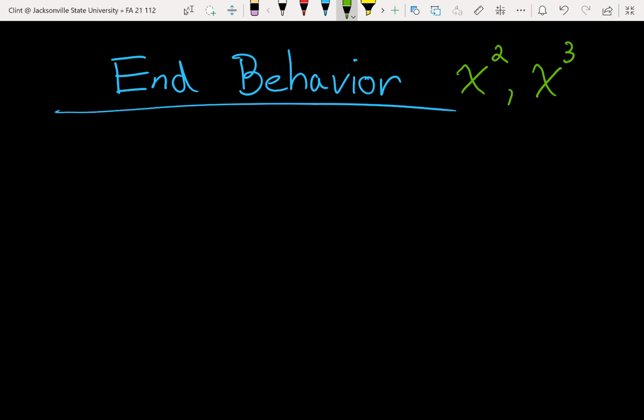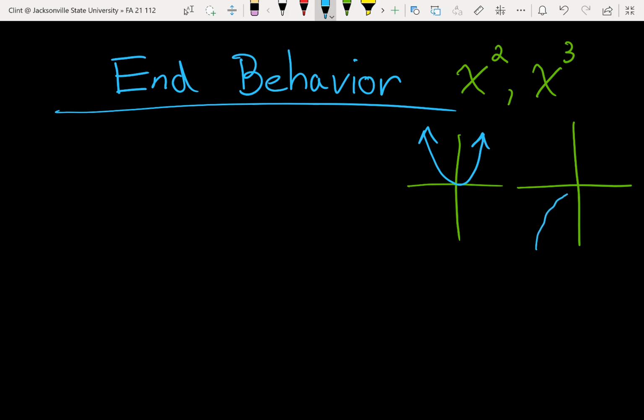The first one, x squared, looks like this, right? It's a parabola that opens upward. And then x cubed, if you recall, starts down at the bottom and then goes up.